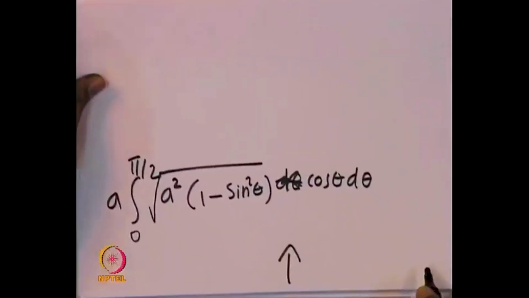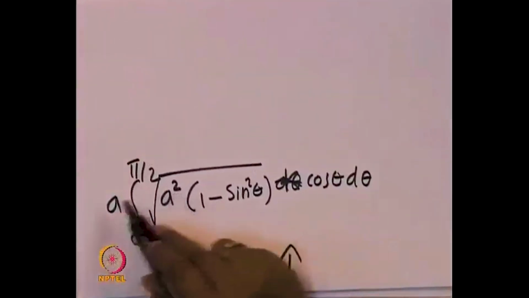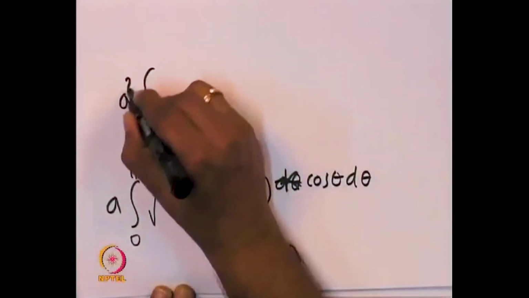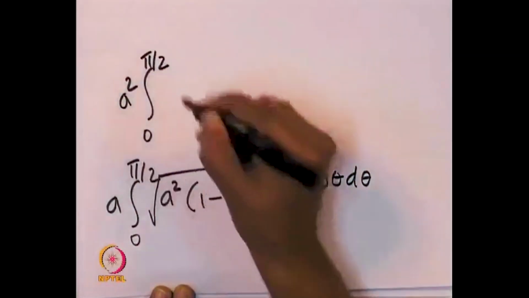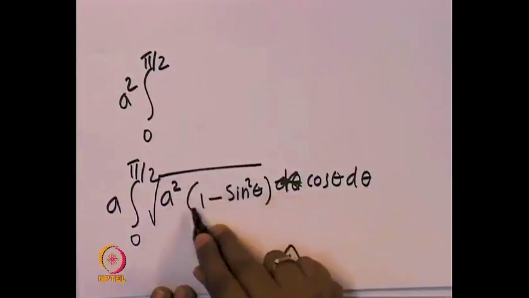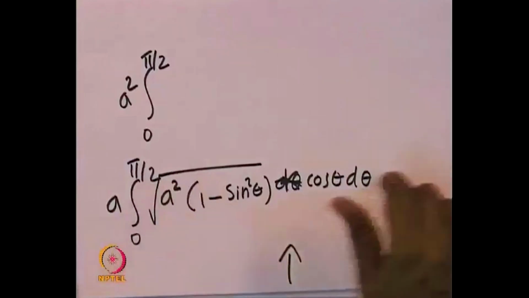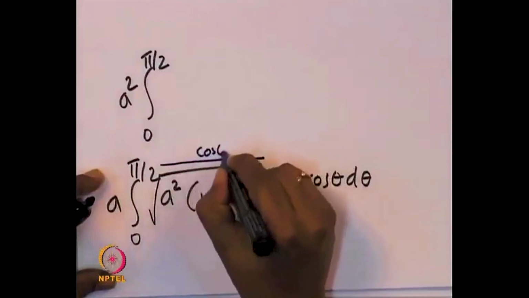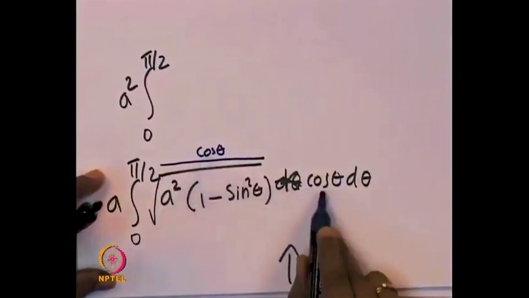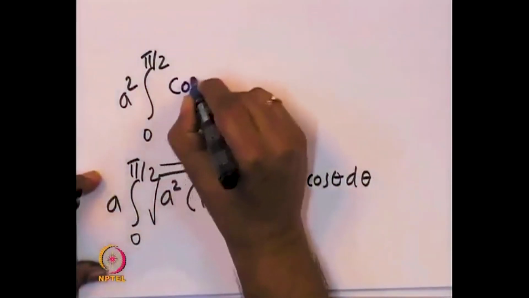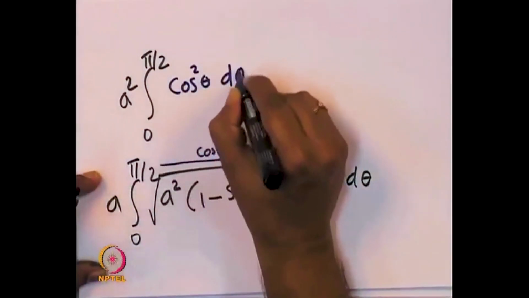Root of a square is a, and a times this a is a square. So, I have a square, 0 to pi by 2, 1 minus sin square theta is cos square theta, root of cos square theta is cos theta. So, this root part is cos theta. You have one cos theta here and another cos theta here. So, cos theta into cos theta is cos square theta. So, what you have is cos square theta d theta.